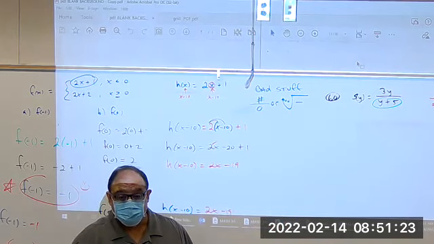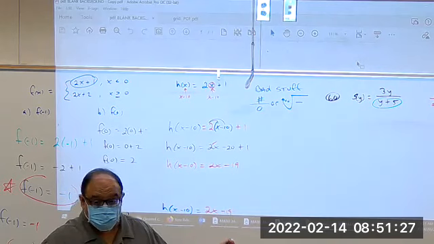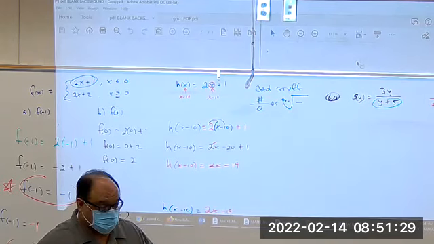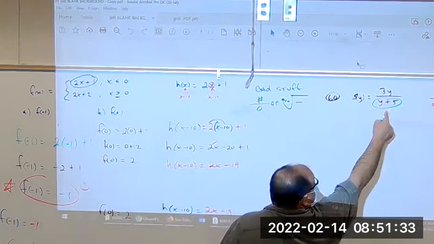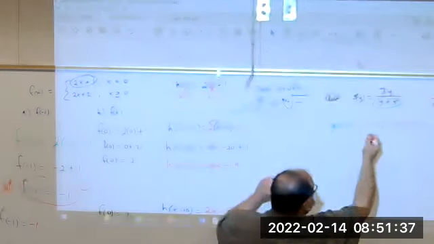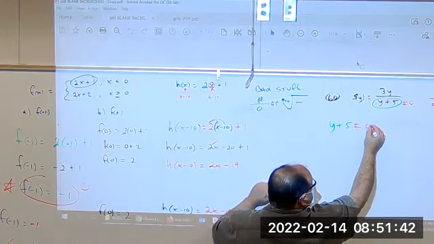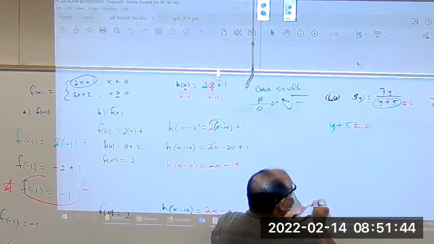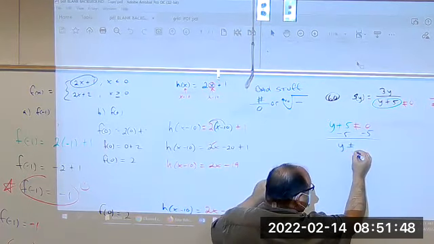Negative 5. You can visualize that: negative 5 plus 5 is what gives us 0. So you take the denominator, y plus 5, which cannot be 0. Subtract 5. y cannot be negative 5.